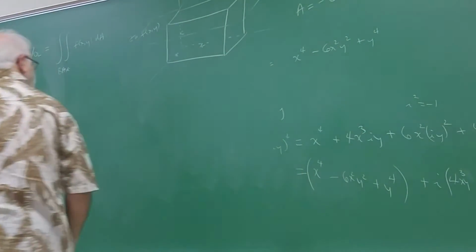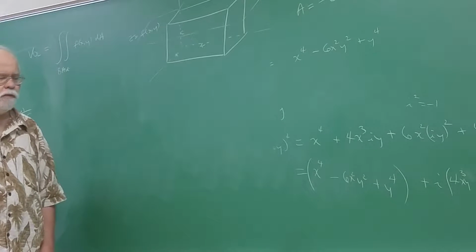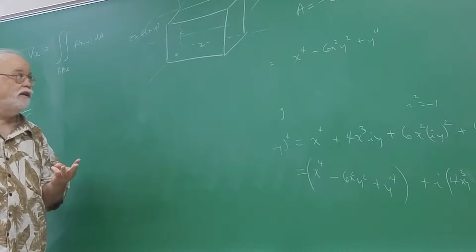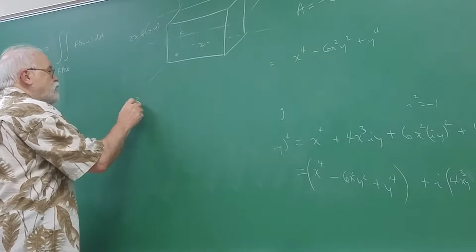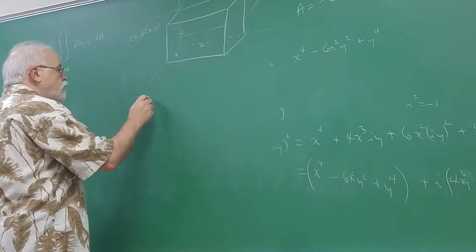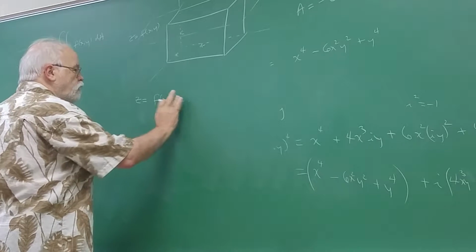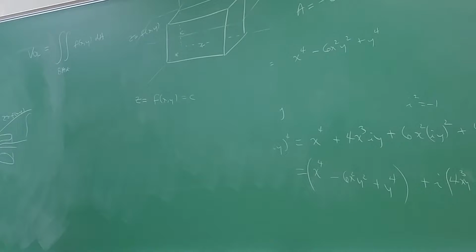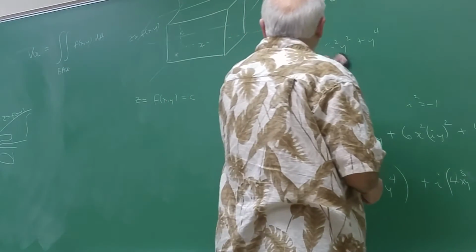Which number? Multiple choice: A is A, B is B, and C is C. Oh, C. So we have here z equals C, and that's what my function is. I was testing you. Now I have to take care of this region.